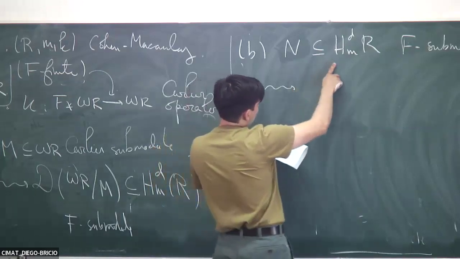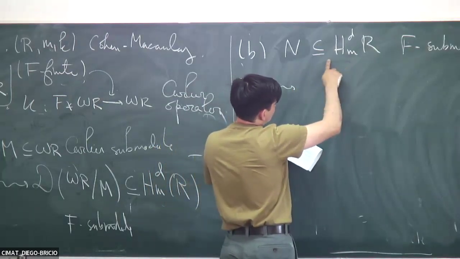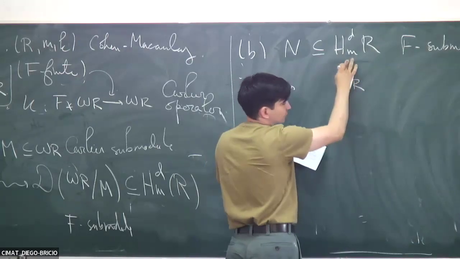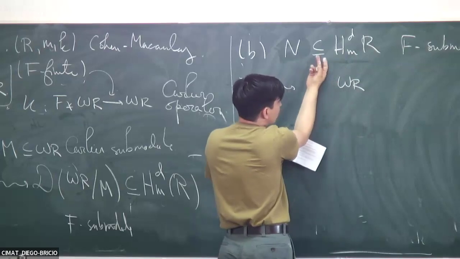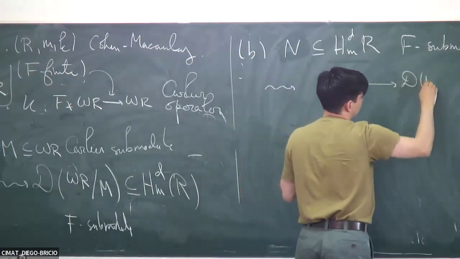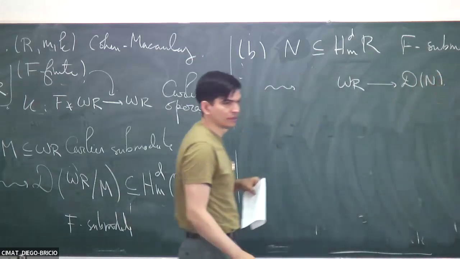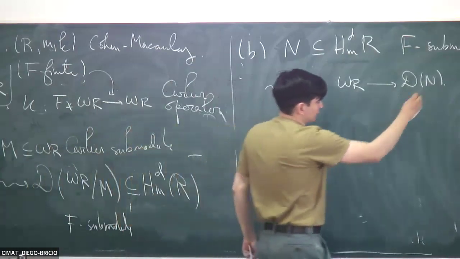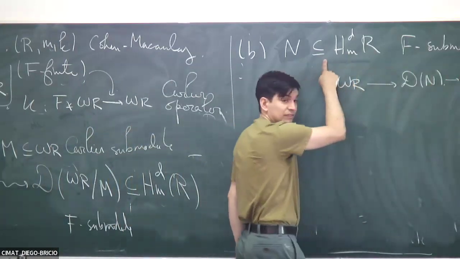So if I apply matrix duality to this, the matrix dual of this is going to be omega R, right? So it's contravariant, so this gets reversed. Okay? And it's going to be surjective actually, because this is injective.